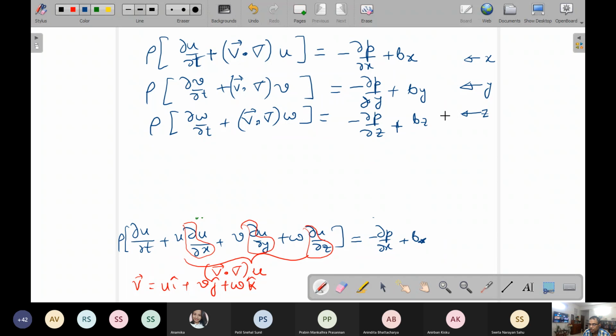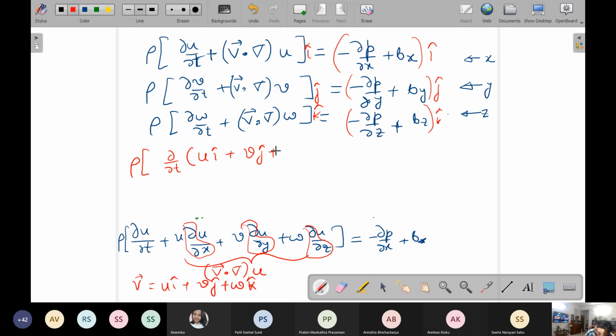So now, if you want to write a single vector equation that includes these three components, what we will do is simply multiply this with i cap, j cap, k cap, so this also, and just add. So if you do that, I'm just isolating different terms from different equations.